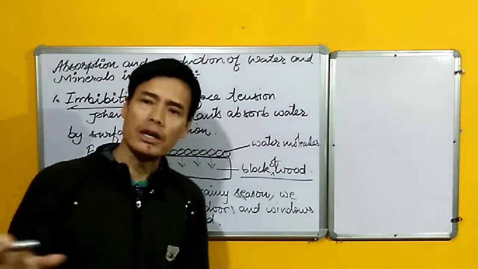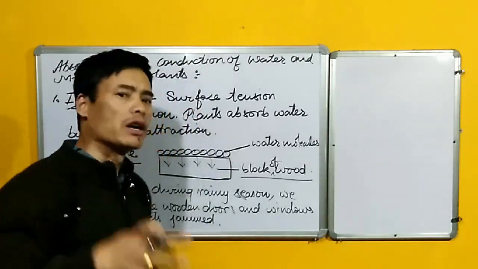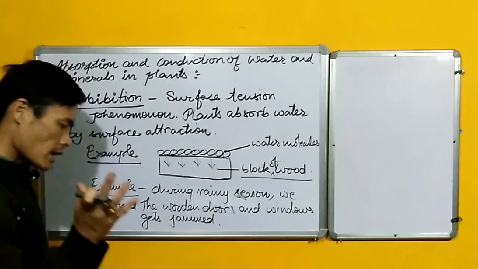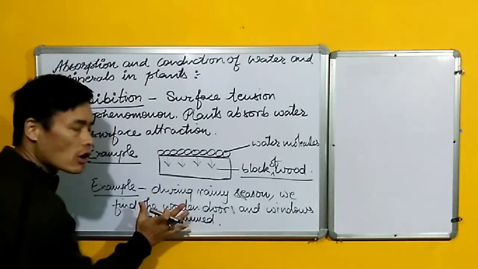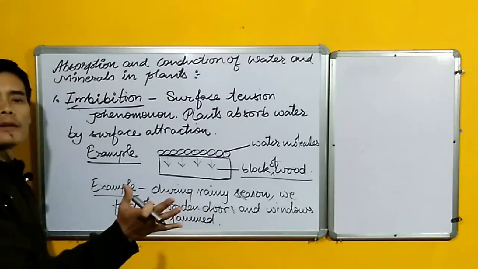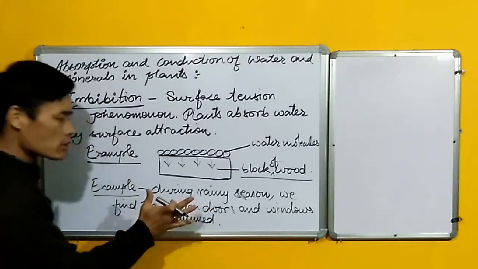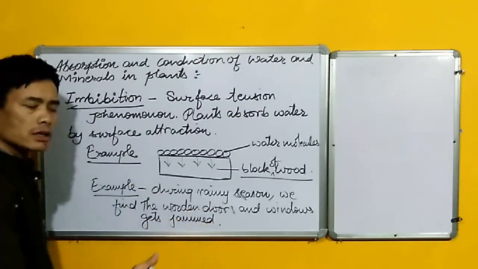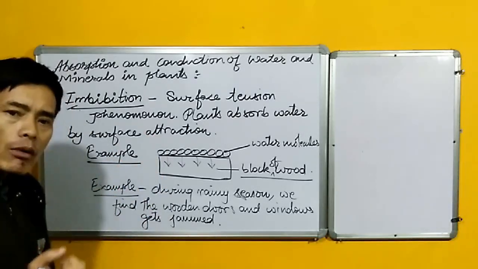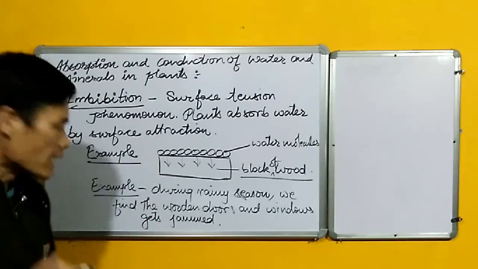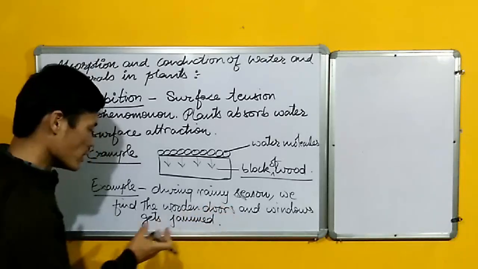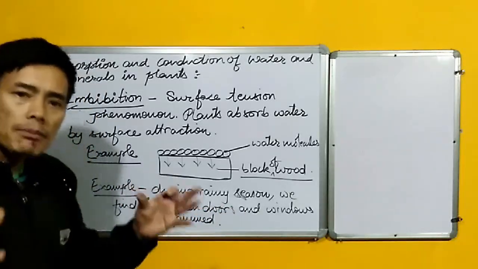So when the moisture content of the atmosphere becomes more, the moisture comes in contact with the wooden surface. Now slowly, this wooden surface will begin to imbibe water. And then what happens? The wooden doors and windows swell up.